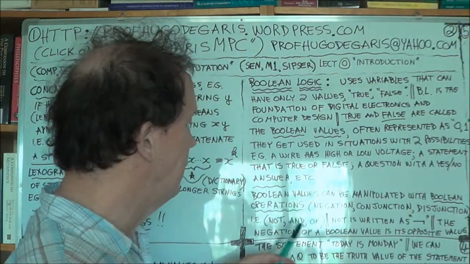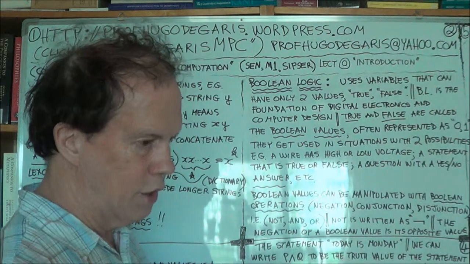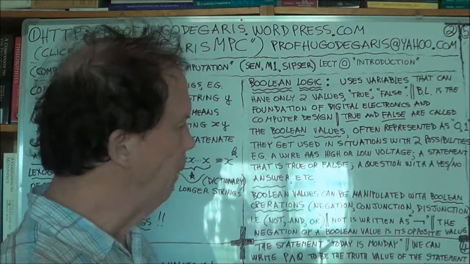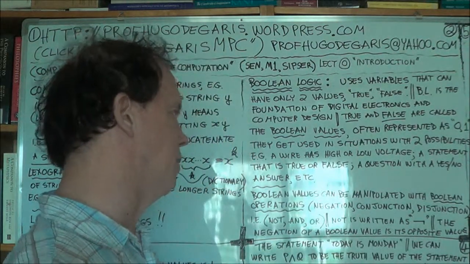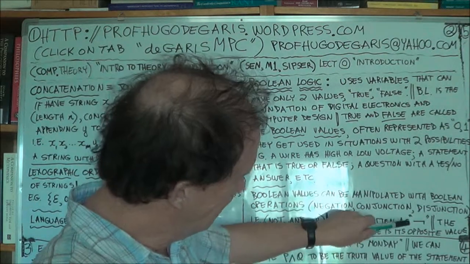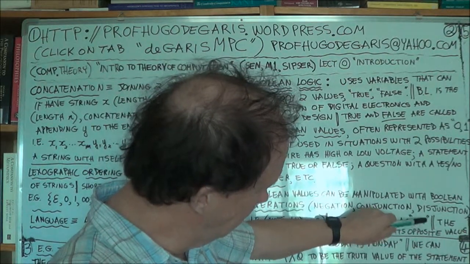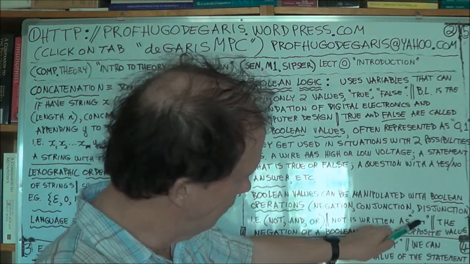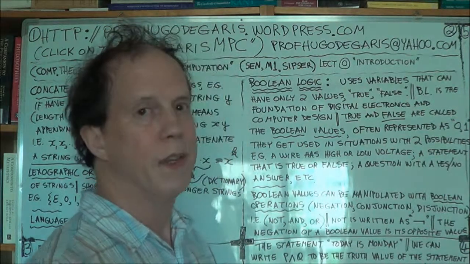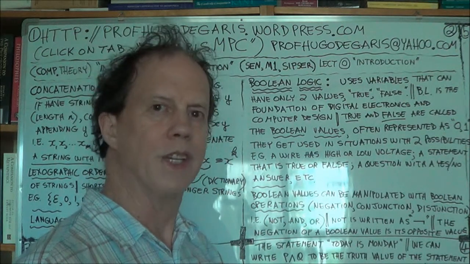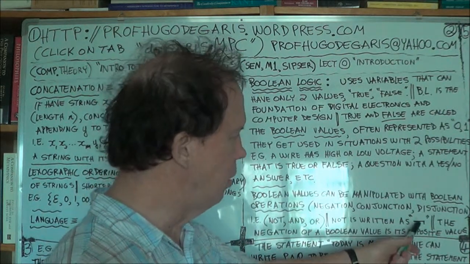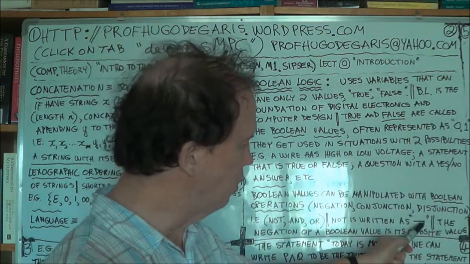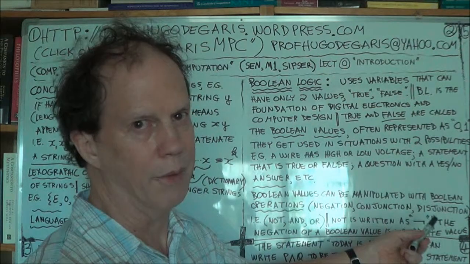Now, on paper, the not symbol looks like a dash and a little vertical mark. So that symbol is the not, N-O-T, symbol. If I wanted to not something, I'd put this in front of the something, whatever it is.